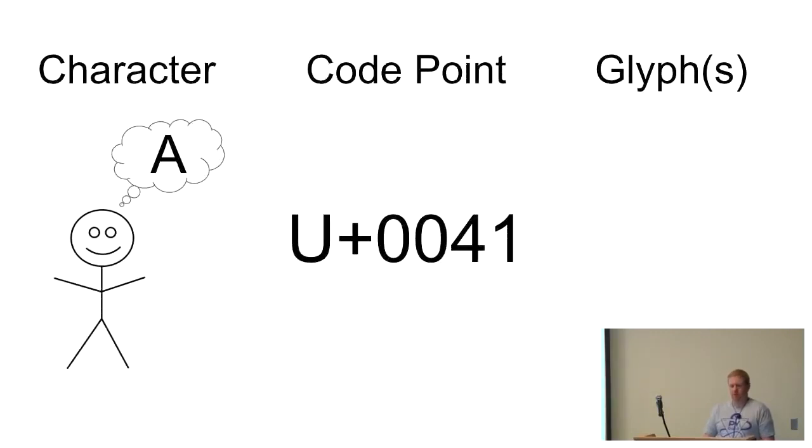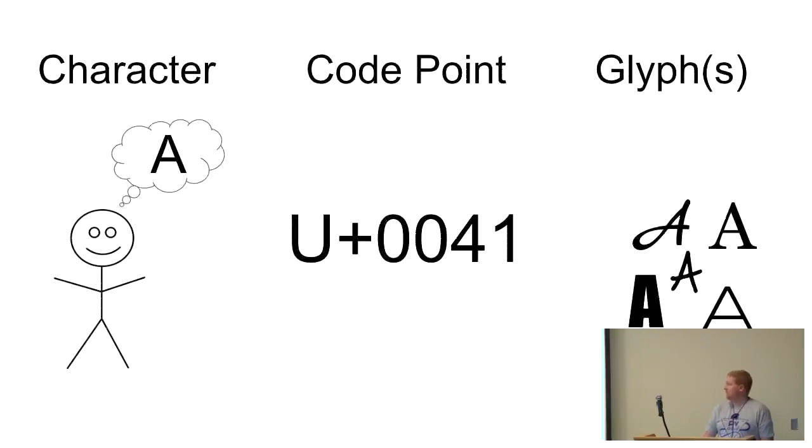And it's typically written with this U+ syntax, followed by a 4 or now 5 character hexadecimal value. This is still kind of conceptual. You don't actually have code points directly as bytes on a computer. And then a glyph, which I'm not going to talk too much about today, is all of the different ways that you can display that character.